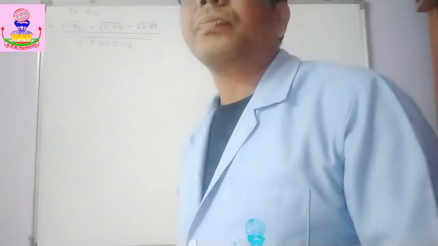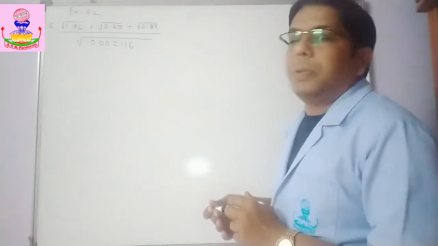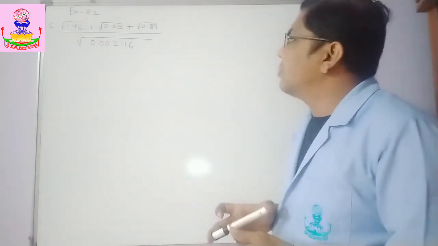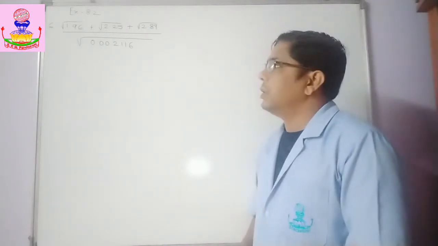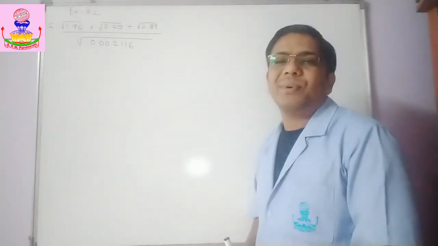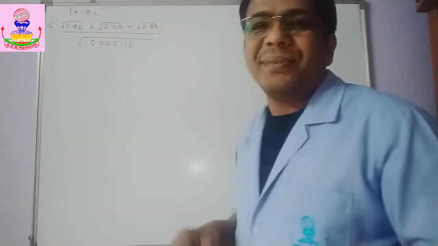So sixth one: square root of 1.96 plus square root of 2.25 plus square root of 2.89, divided by square root of 0.002116. Now these square roots we know.